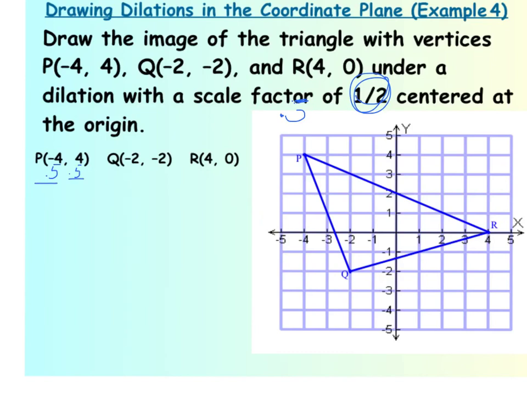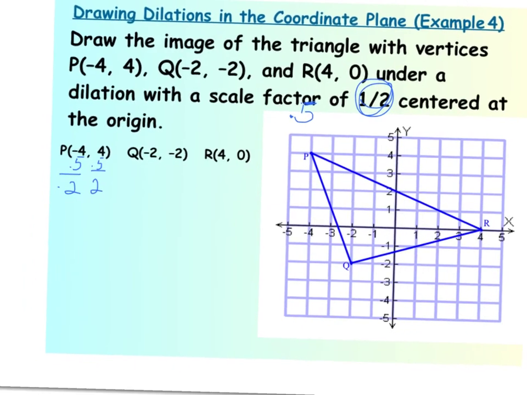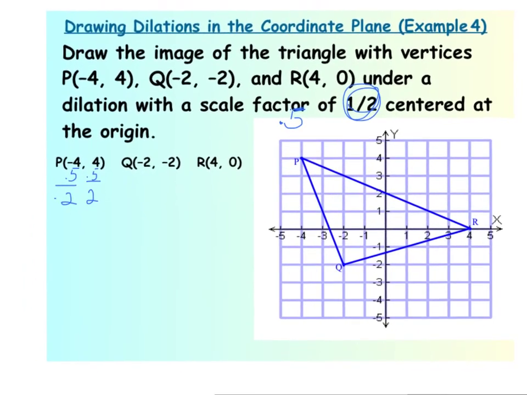So -4 times 0.5, -2. 4 times 0.5, 2. Those are our new coordinates. Shrink this guy a tiny bit, give us some room. So we have our new P prime: -2 and 2.